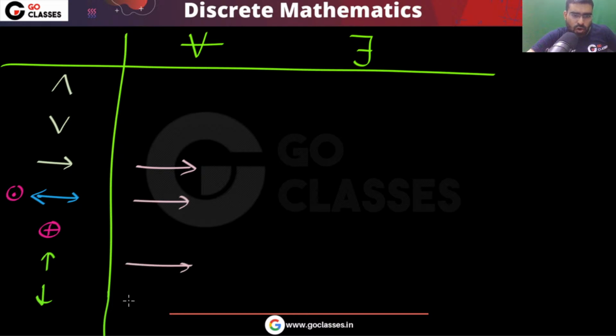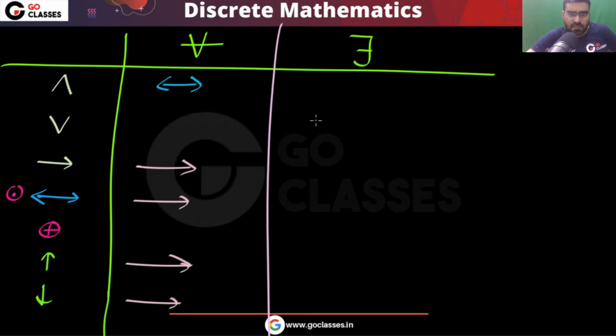Here it will go in both directions, and here it will go in this direction. So like this you can remember. The remaining table you can fill easily.